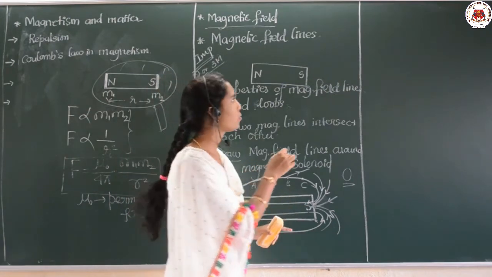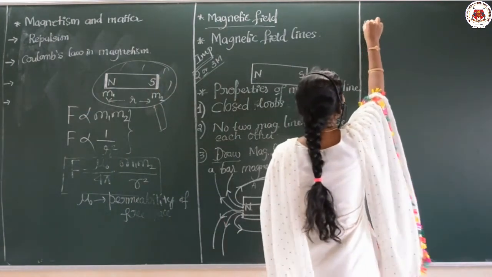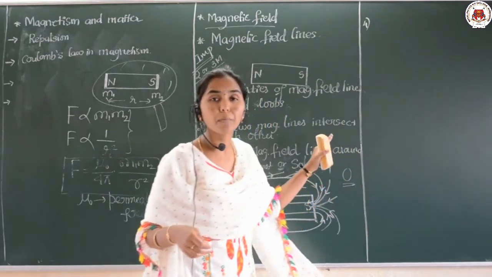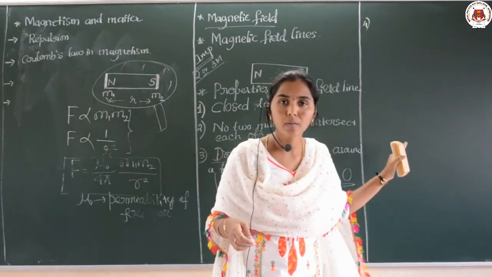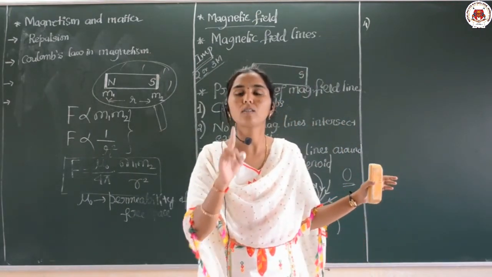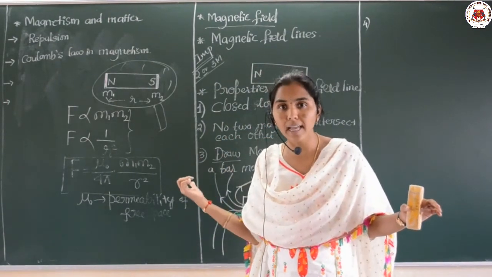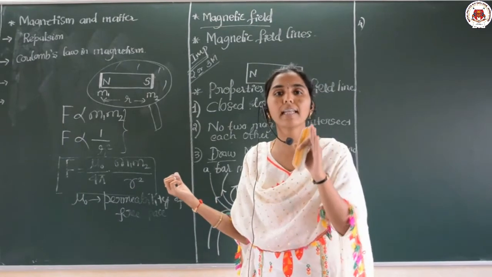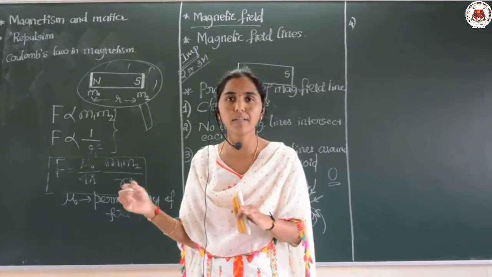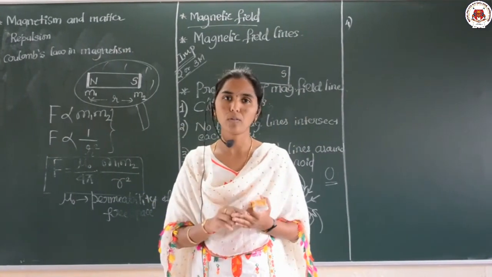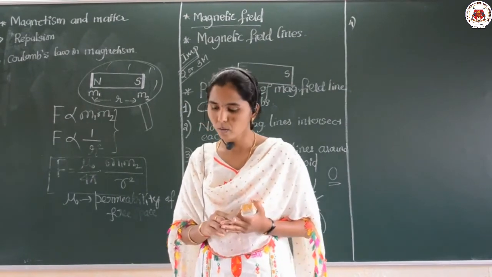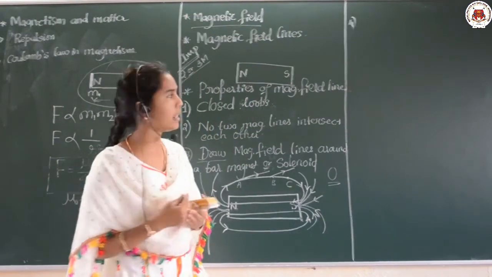The fourth property of magnetic field lines is that the tangent drawn at a given point to the field line gives the direction of the magnetic field at that point only. Yes?